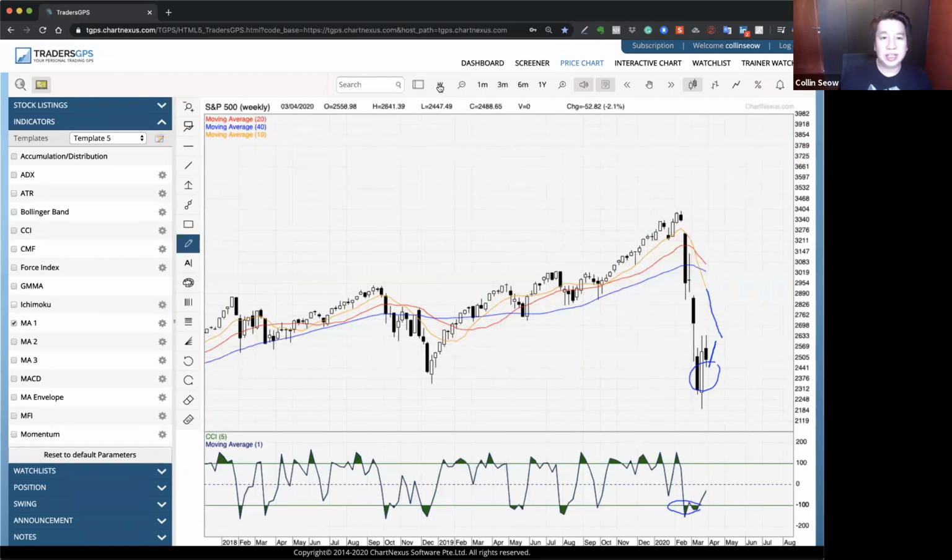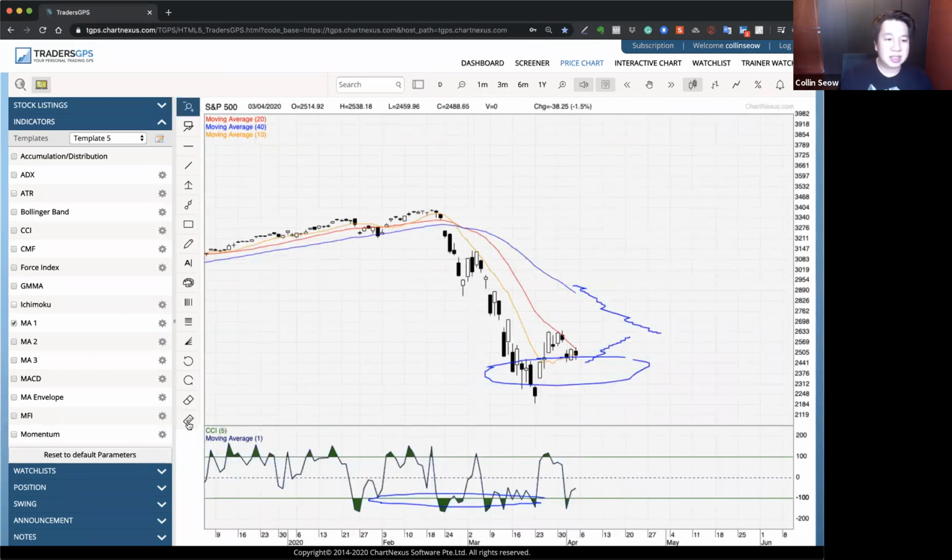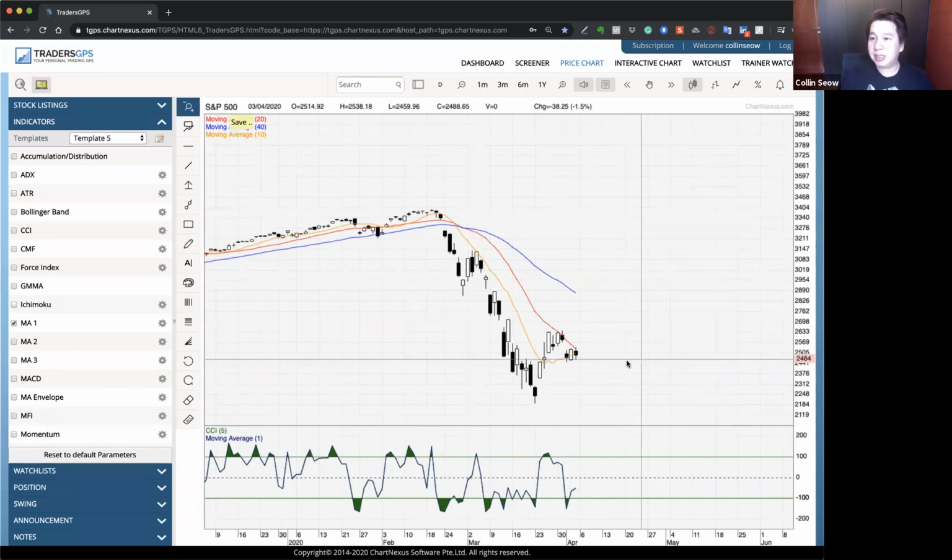Now we go to daily charts. In daily charts, we had one trade. Any question? No question, right? So we have one trade over here. This was where we touched the MA.